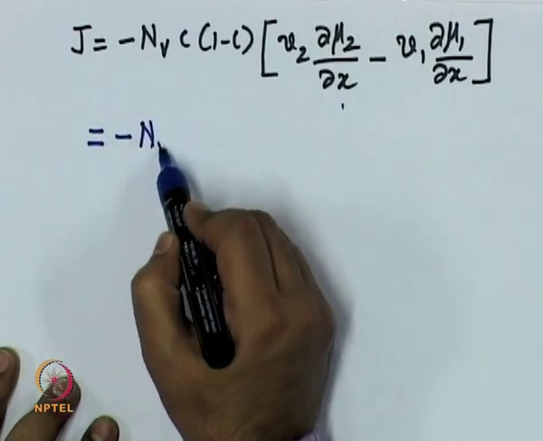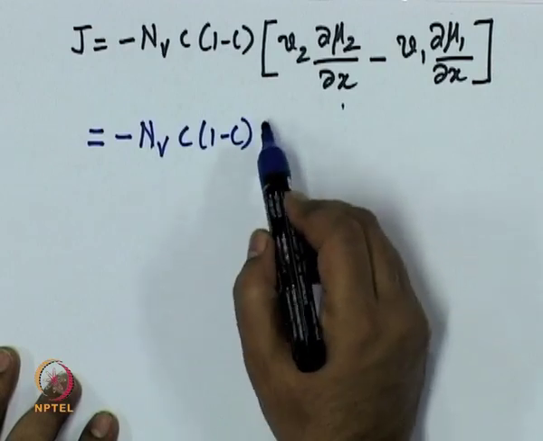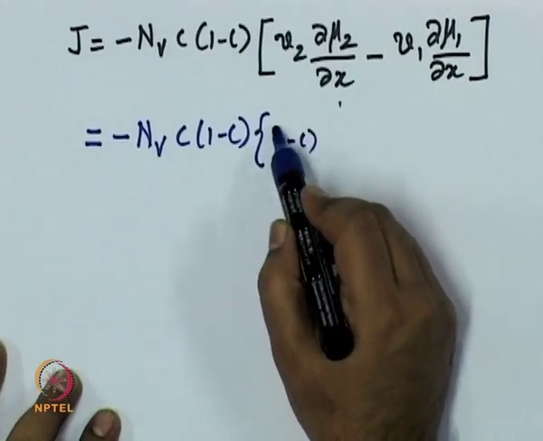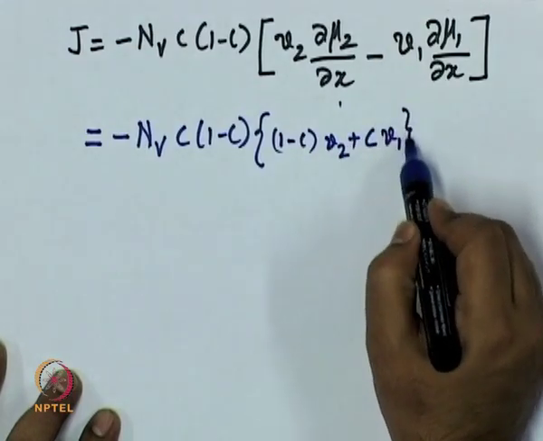So, N V C into (1 minus C), that part I am going to keep. Then I am going to write this (1 minus C) times V2 plus C times V1.